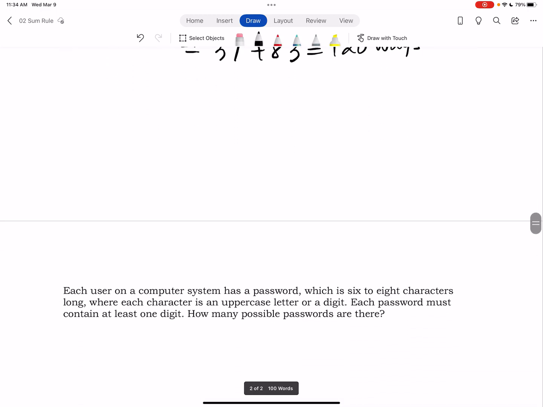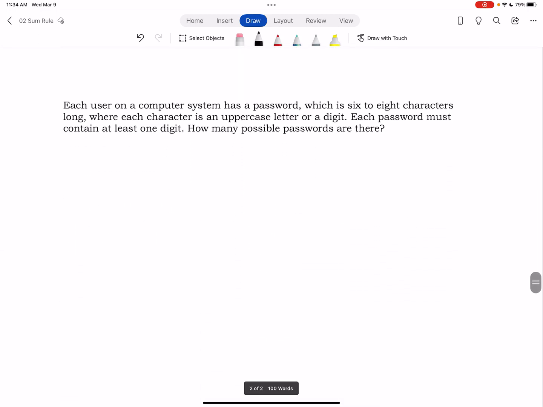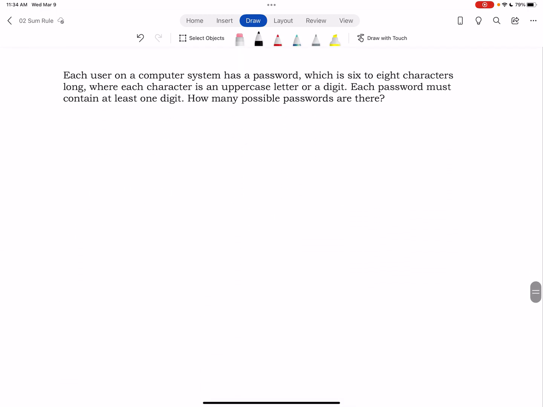for each choice is. So this one says each user on a computer system has a password, which is 6 to 8 characters long, where each character is an uppercase letter or a digit. Each password must contain at least one digit. How many possible passwords are there? So when we're thinking about this, we're saying the word or.